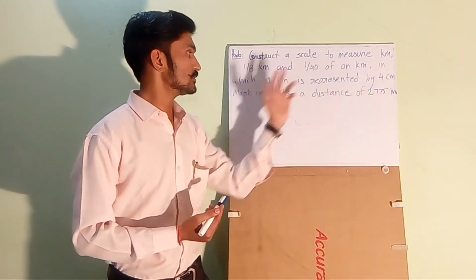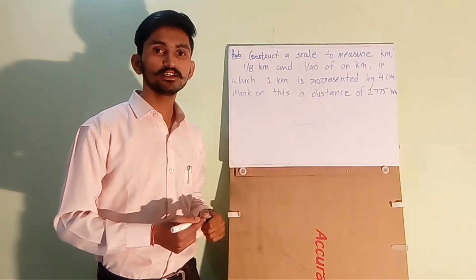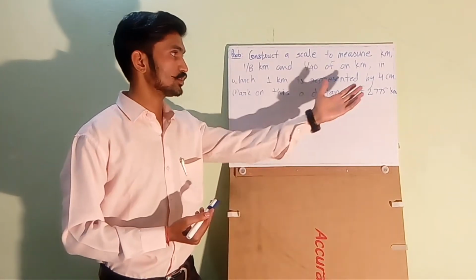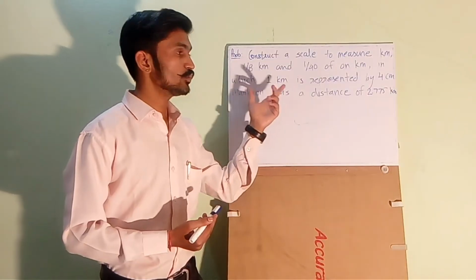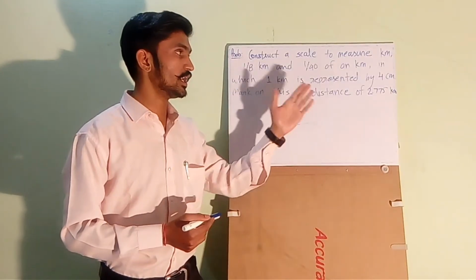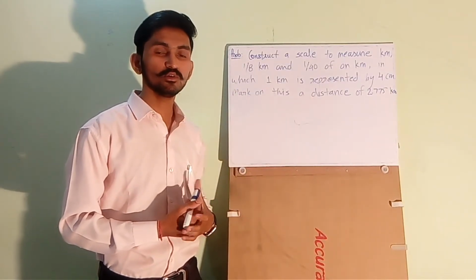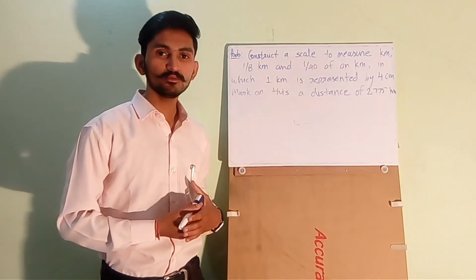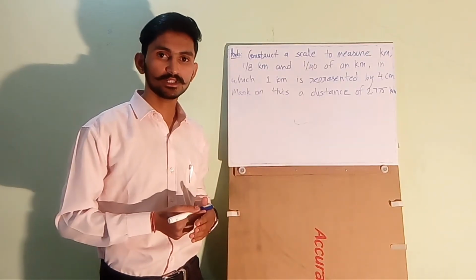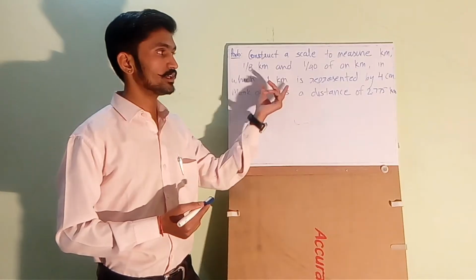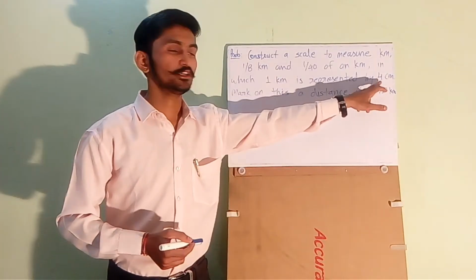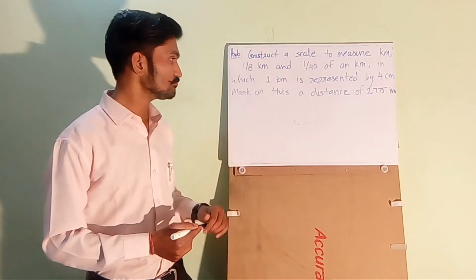And from the second line, we can get the data to calculate RF, because in the second line 1 kilometer is represented by 4 centimeter, and we all know RF is equal to drawing size divided by the actual size. So 1 kilometer is the actual size and 4 centimeter is the drawing size.